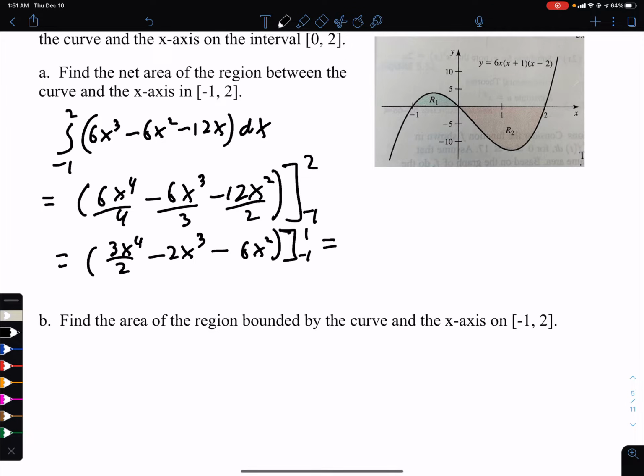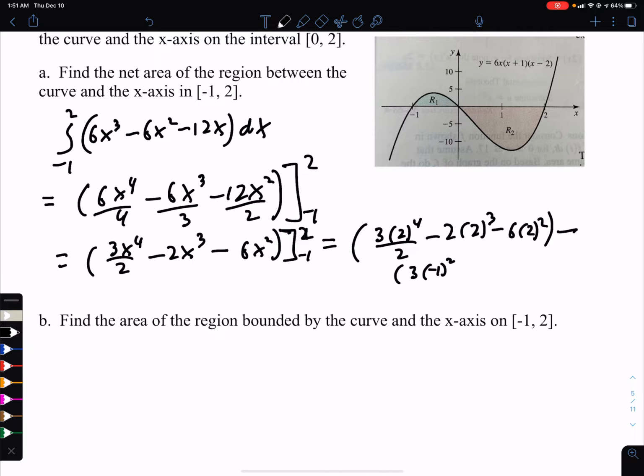So now I'm going to plug in 2 first. 3 times 2 to the 4th over 2 minus 2 times 2 cubed minus 6 times 2 squared minus, then I'm going to plug in negative 1, and I'm out of room here. So it's going to be 3 times negative 1 to the 4th over 2 minus 2 times negative 1 cubed minus 6 times negative 1 squared.